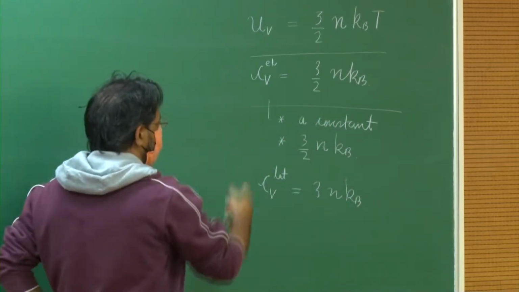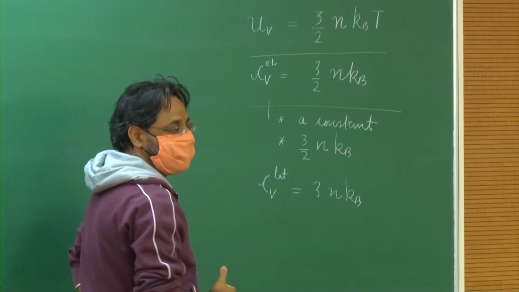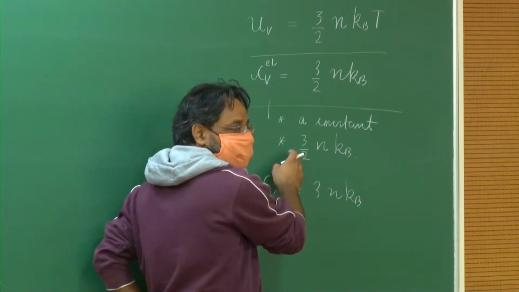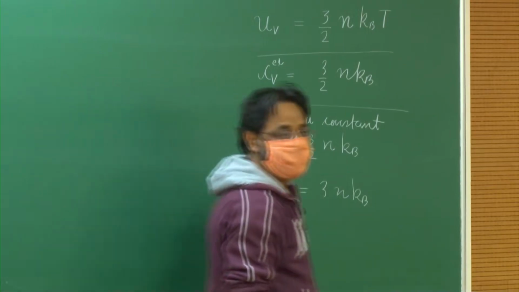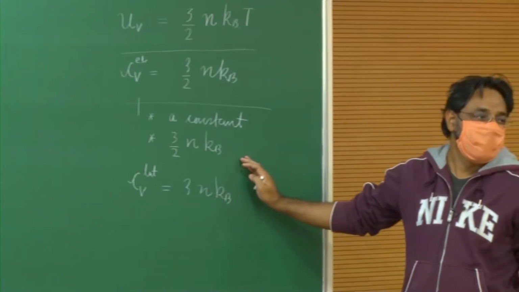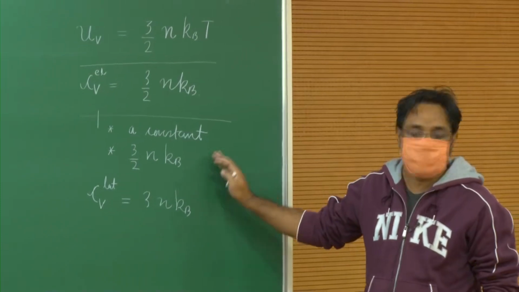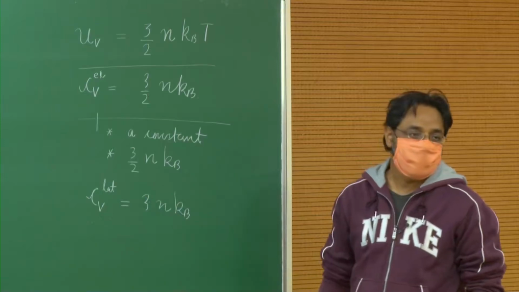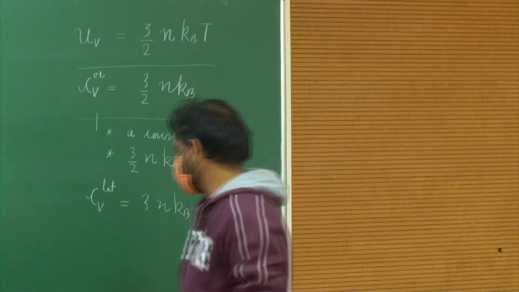So, that means if you go by this, then for a metal you would say that at sufficiently high temperatures, the total specific heat should be 3 plus 3/2, 3 coming from lattice degrees of freedom and 3/2 coming from the electronic degrees of freedom, right. So, the total specific heat going by the classical laws should be 3 plus 3/2 n kB, or 3 plus 3/2 kB per atom.